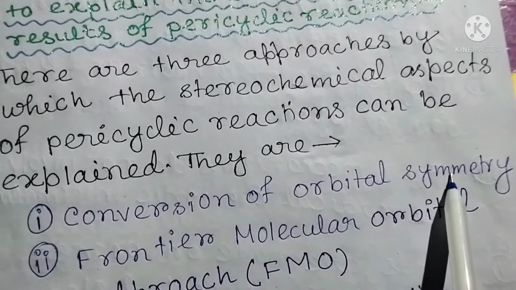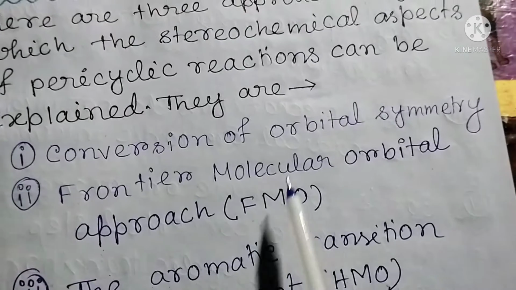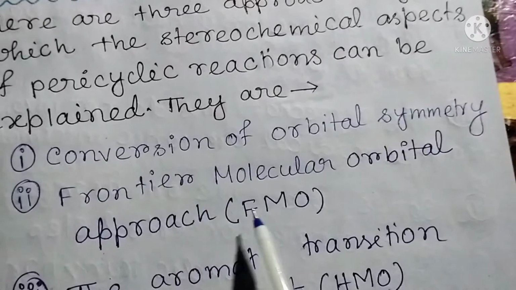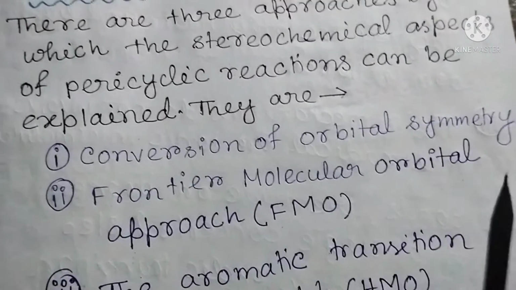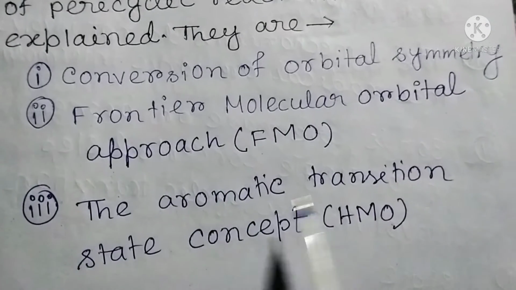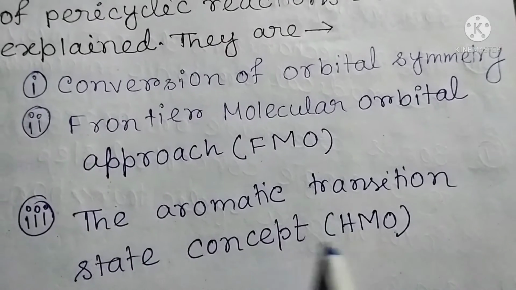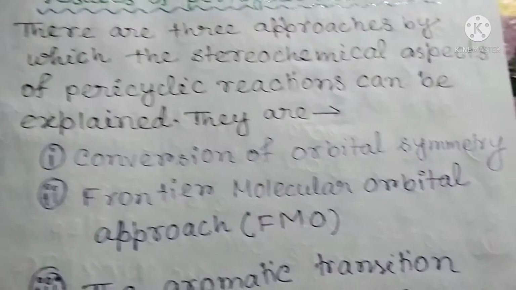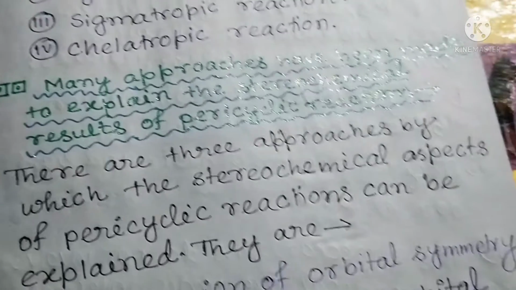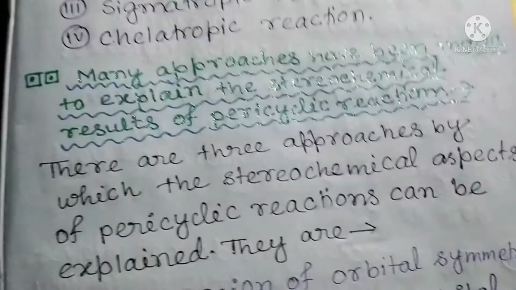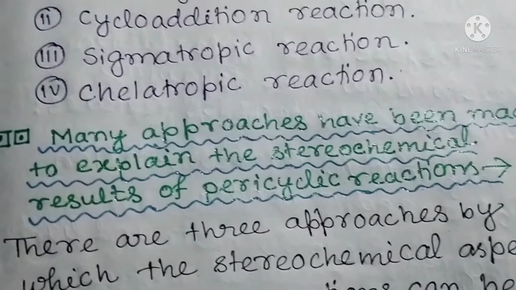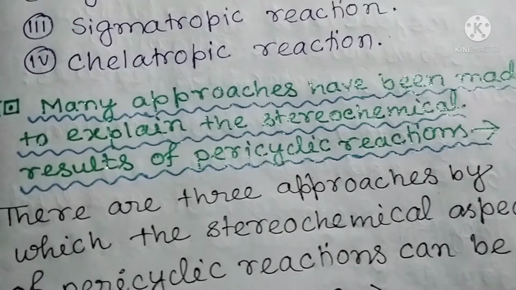They are conservation of orbital symmetry, frontier molecular orbital approach, known as FMO approach, and the next one is the aromatic transition state concept, known as HMO concept.